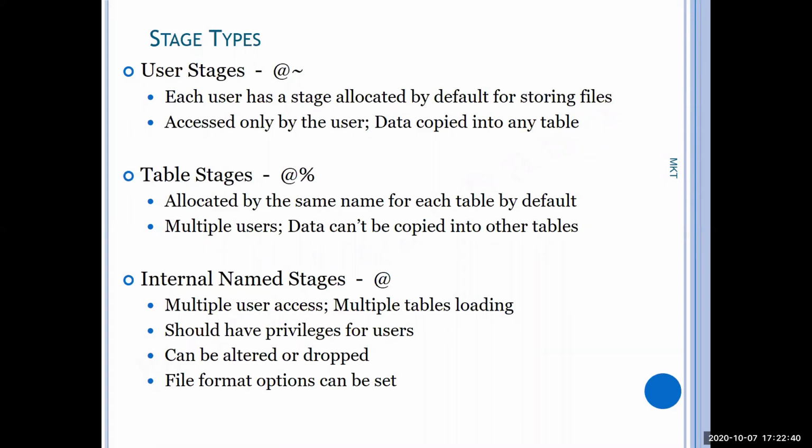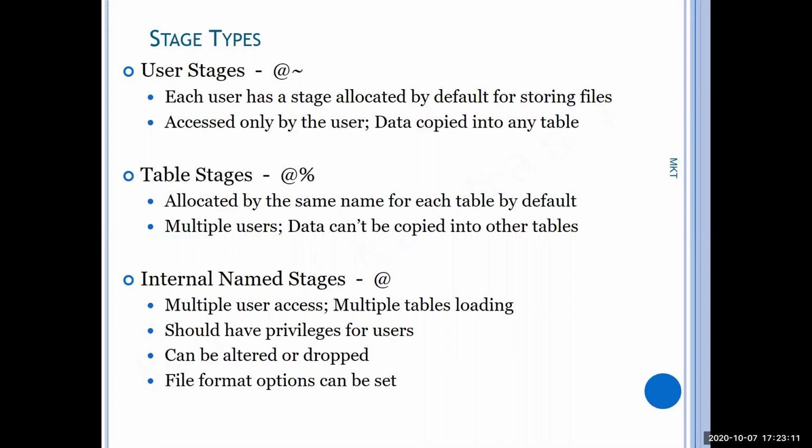So what happens if I want user 2 to load data into a particular table? I can load that file into that particular table stage, so other users also can use the table stage and load the data into that table. Remember, table stages can use the files only to load data into that particular table. For example, there are two tables, payment and employee.